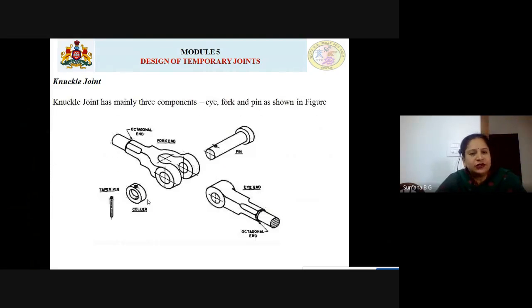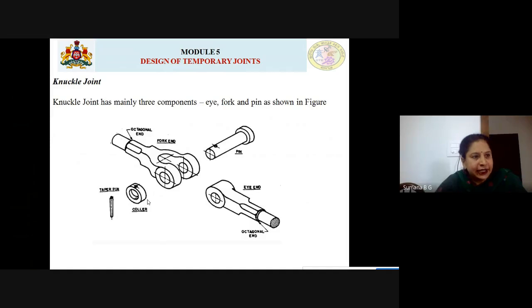The knuckle joint basically has three main components: eye, fork and pin, as shown in the figure. The eye is formed on one of the rods and the fork is formed on the other. The eye fits inside the fork and the pin is passed through both the fork and the eye.